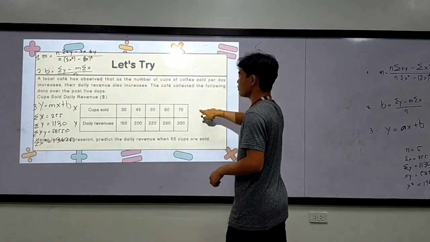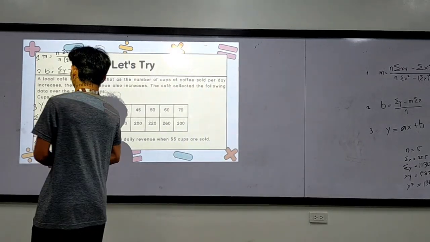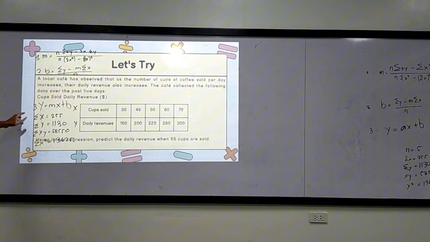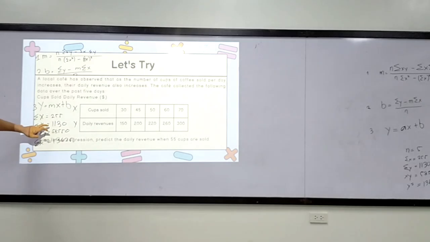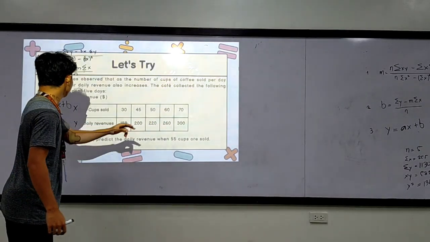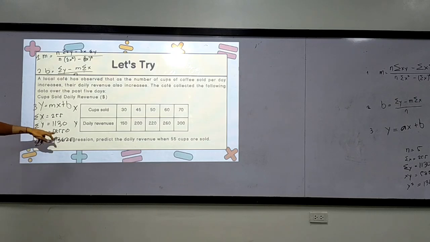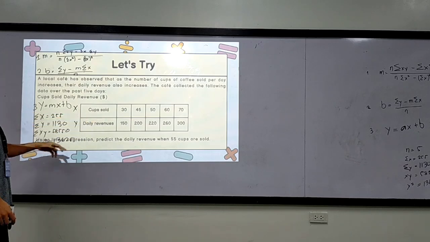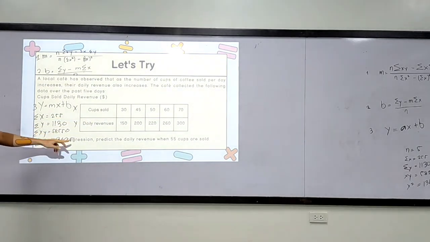The sum of x is 255, and the sum of the daily revenue y is 1,130. The sum of xy, multiplied and added, is 58,550. The sum of x squared is 13,625.